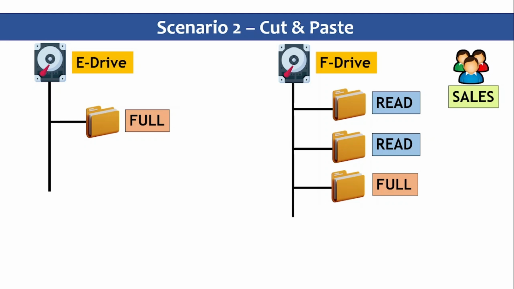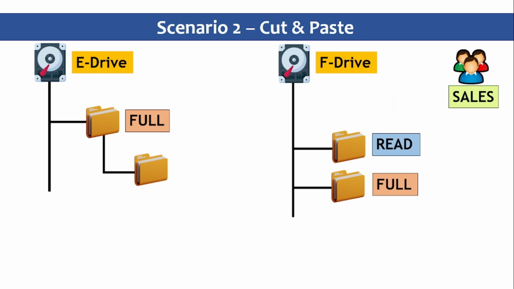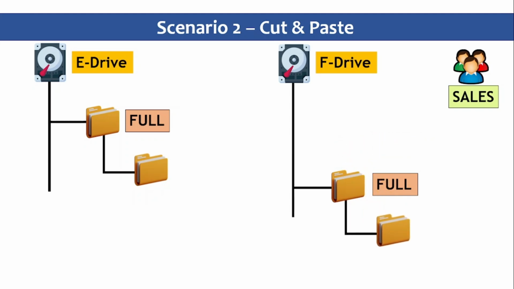Now what we did, we performed a cut and paste operation on this read-only folder and we pasted it under the full permissions folder on the E drive. And we did the same with the second read-only folder, but this time we pasted it under the full permissions folder on the F drive.